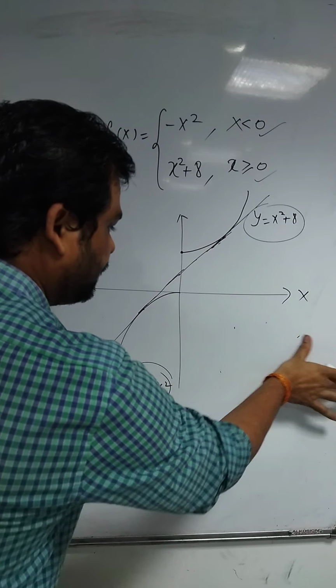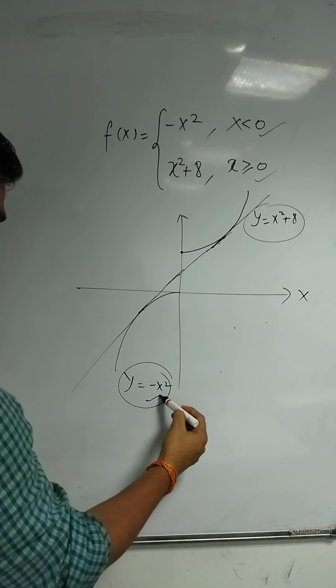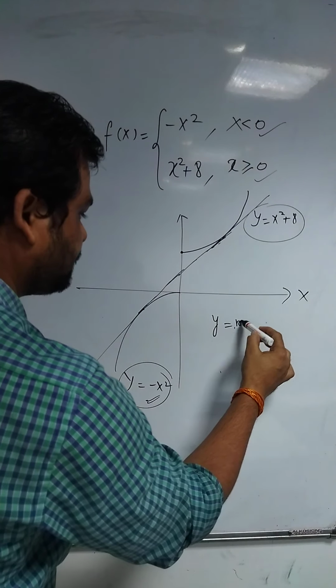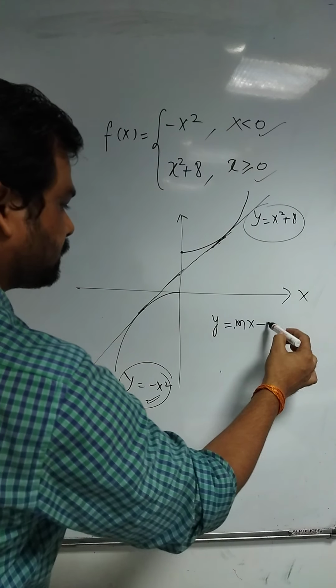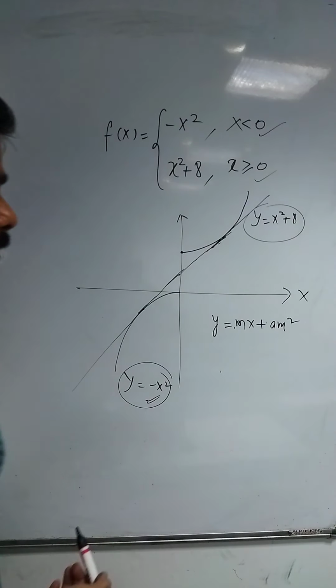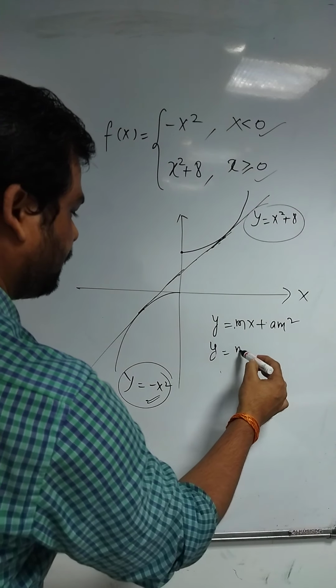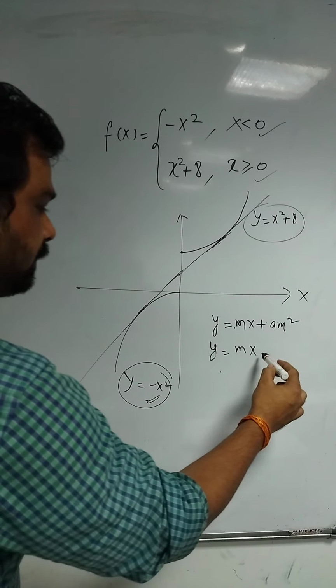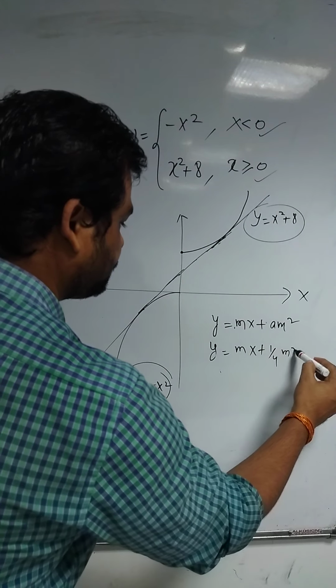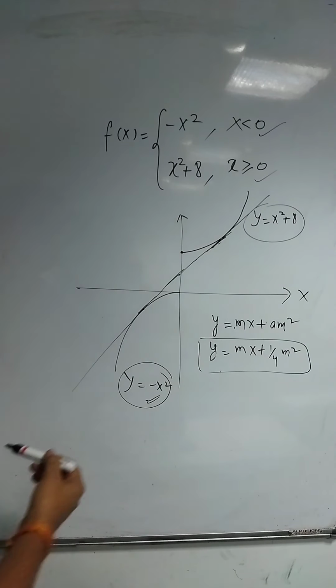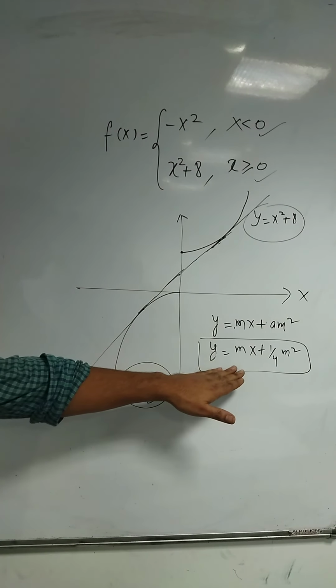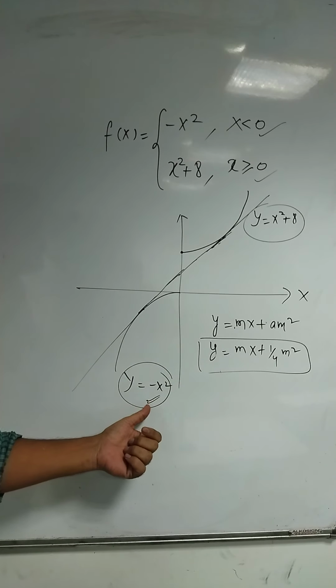You can take a tangent to this parabola as y is equal to mx plus am square, and a is 1 by 4. This is a line of slope m which is tangent to this parabola.